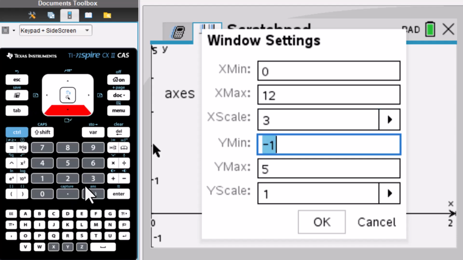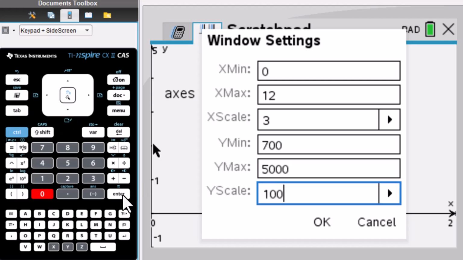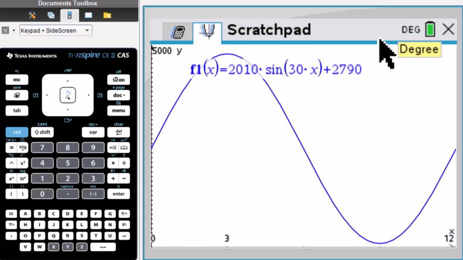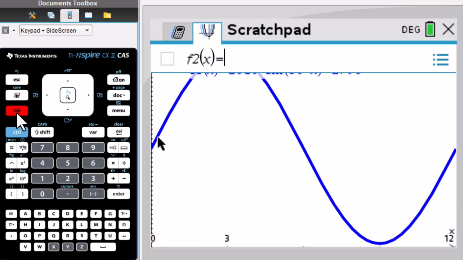Y minimum 700. Y maximum 5,000. Scale 100. Enter. I got this kind of graph. You need to check here. We need degree. This is the graph with the angle in degree. Click on tab. f2 of x equals 2000.